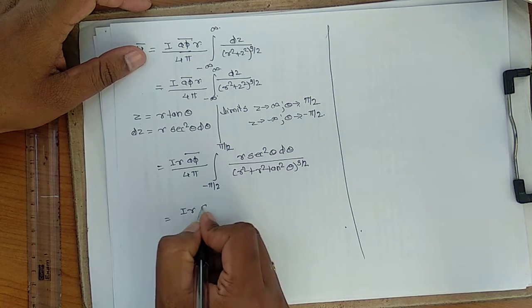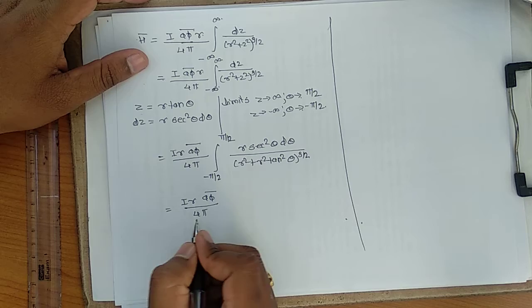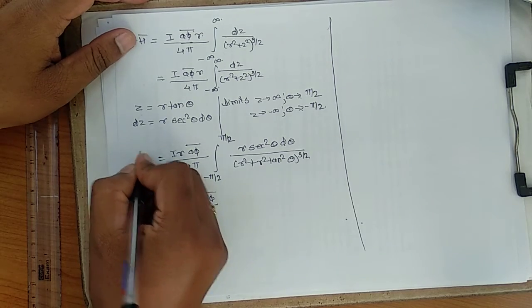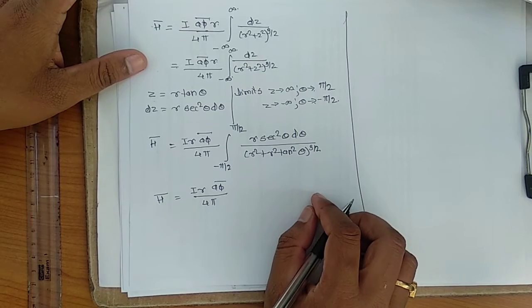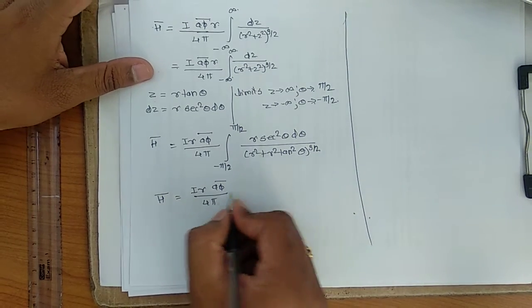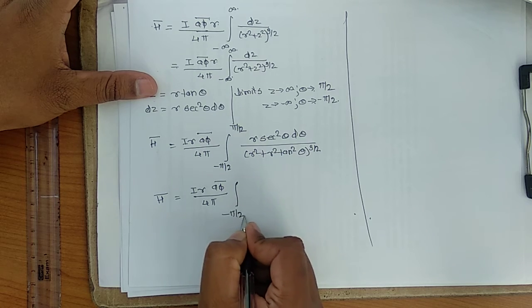Next r Aφ̄. Now from here, all the steps are mathematical, and not related to the electromagnetic engineering subject. You should have a knowledge of mathematics.